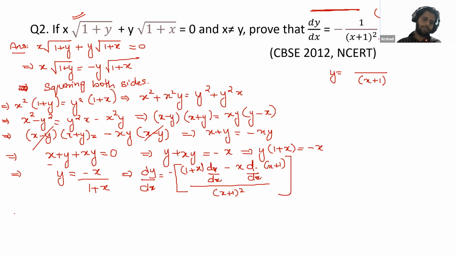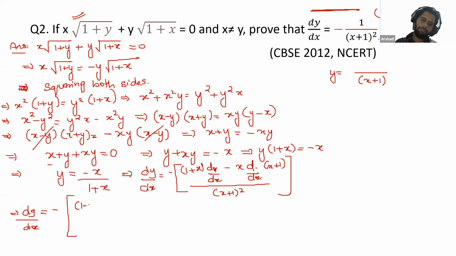Each and every element we need to multiply, and whenever I find the derivative, I will put a negative again. That's why I have taken that negative outside the bracket.